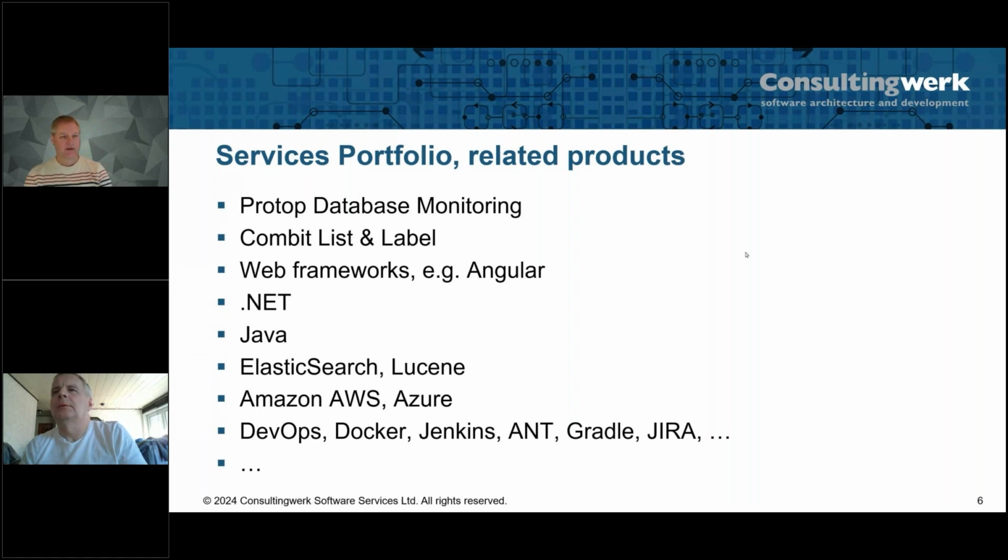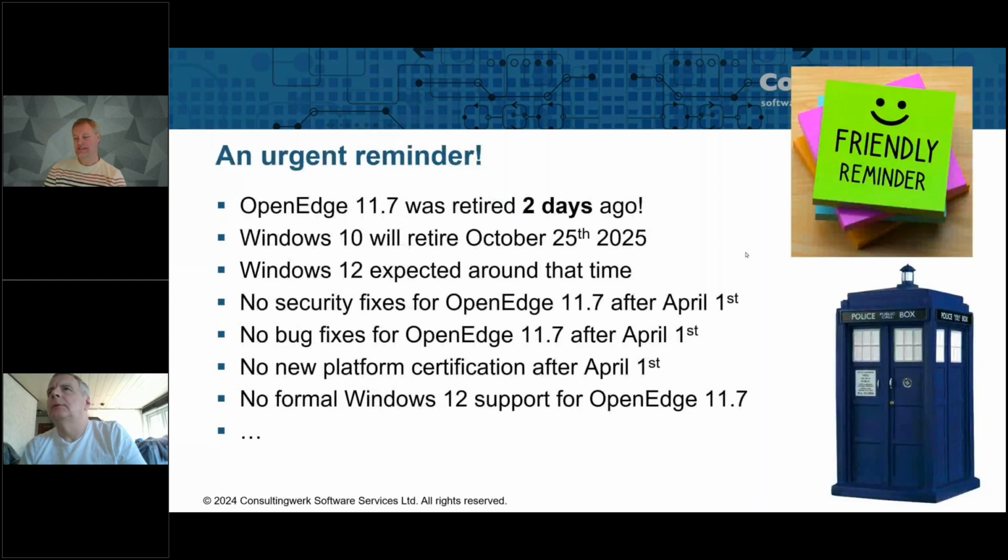Right. Before we go any further, a friendly reminder. Maybe you need a time machine like a TARDIS, but OpenEdge 11.7 was officially retired 2 days ago. So you really should start, if you haven't already, to move to OpenEdge 12. That's going to mean a few changes typically.